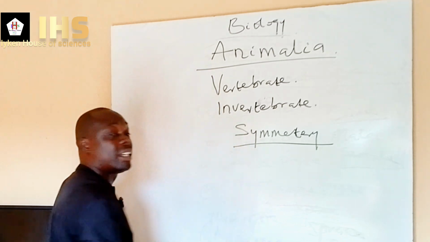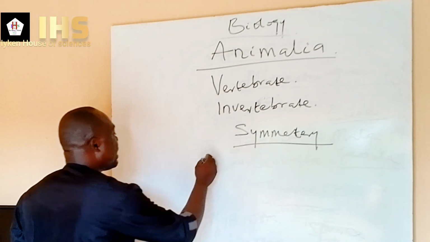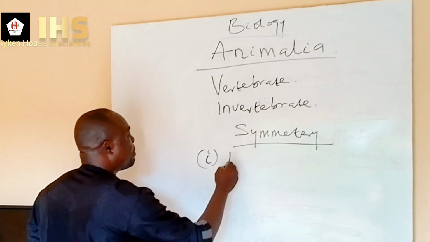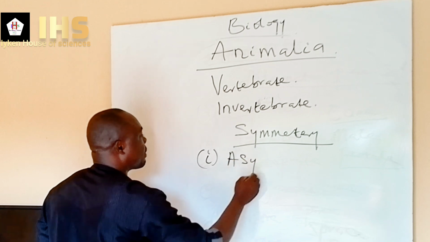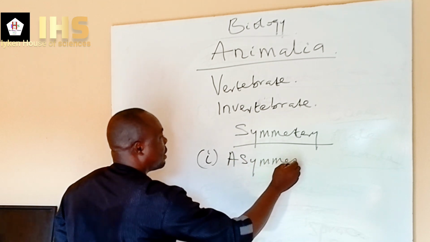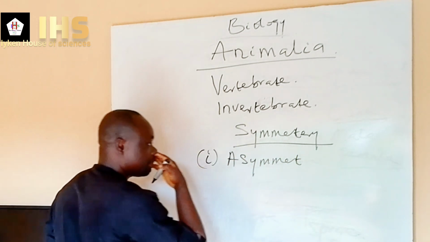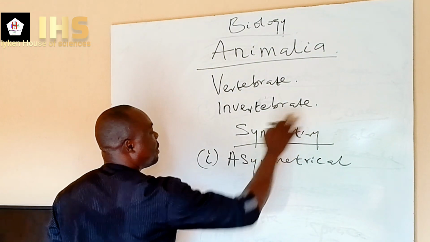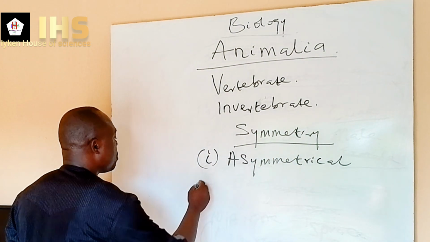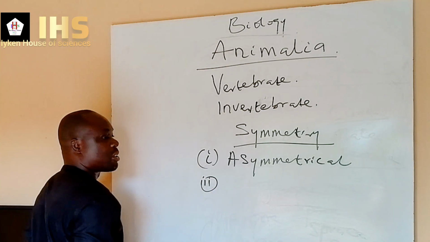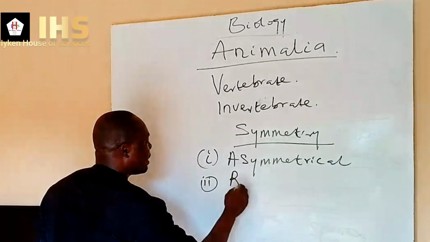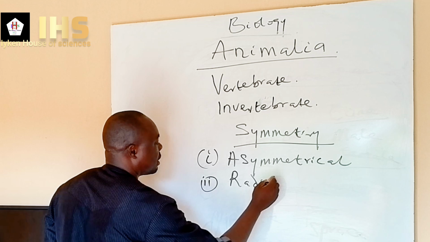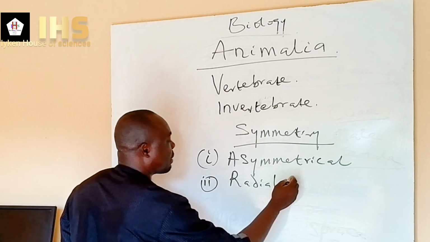So based on the body symmetry, we have animals that are called asymmetrical animal. Then two, we have those animals called radial symmetrical animal.